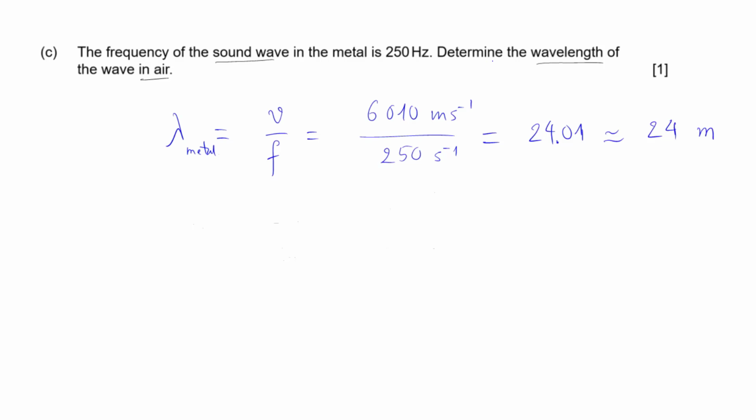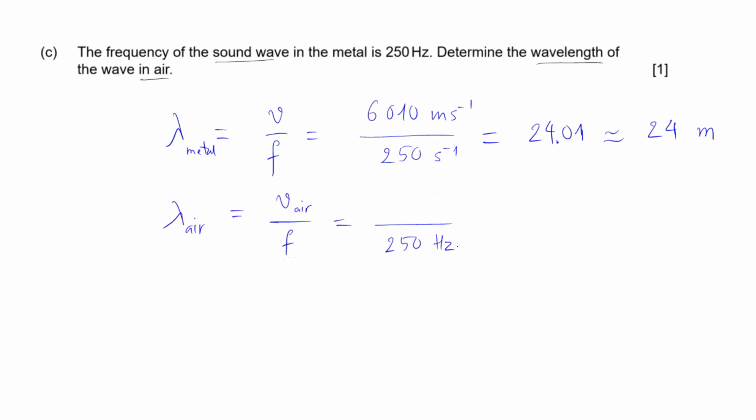Okay, the other part of the question, determine the wavelength of the wave in the air. It is similar, just the same equation, but now the speed in the air divided by the frequency. The frequency is always the same, 250 Hz.